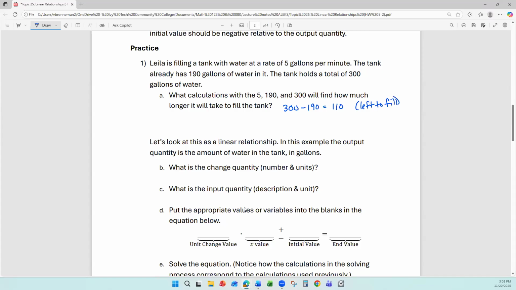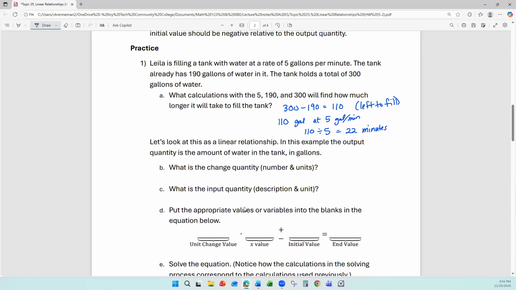And then you might know that if we need to fill 110 gallons at a rate of 5 gallons per minute, the correct calculation there is 110 divided by 5, getting 22 minutes.